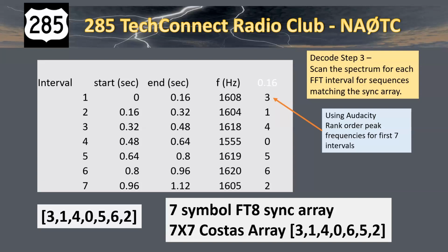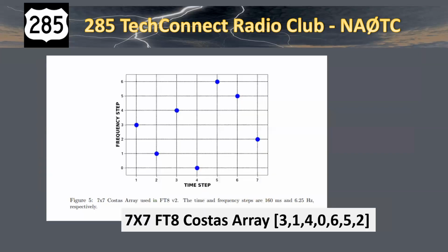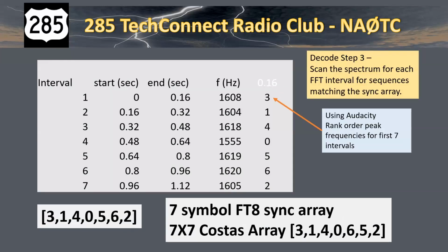So I thought, well, I wonder what happens if I rank order these, because the frequencies themselves don't necessarily match what I'm interested in. But I went ahead and rank ordered them. And I found that in interval 1, we had rank order 3, interval 2, rank order 1, 4, 0, 5, 6, 2. You write those down and compare with what WSJT is using to sync, and you find that it matches very closely.